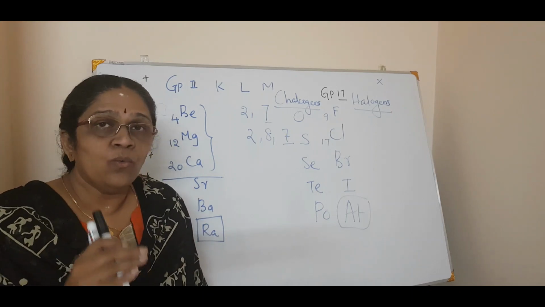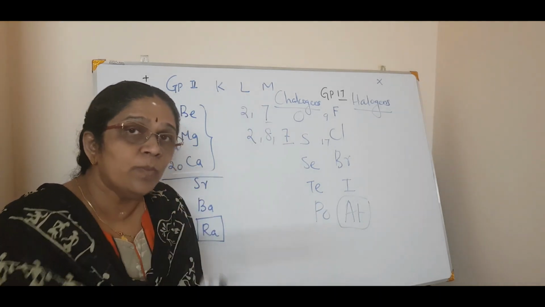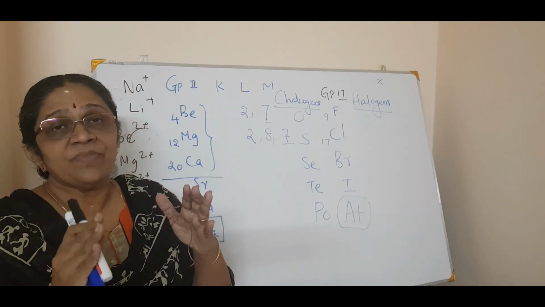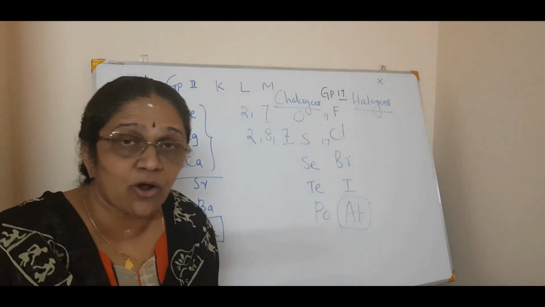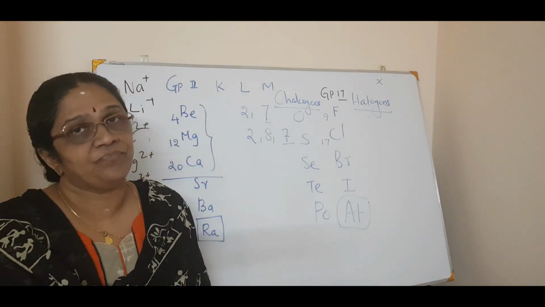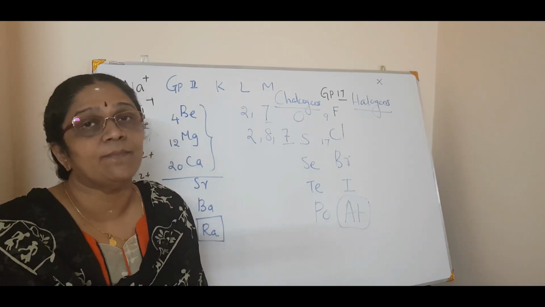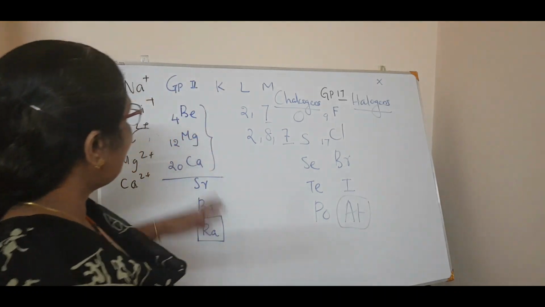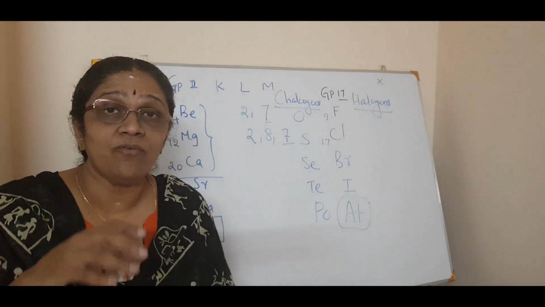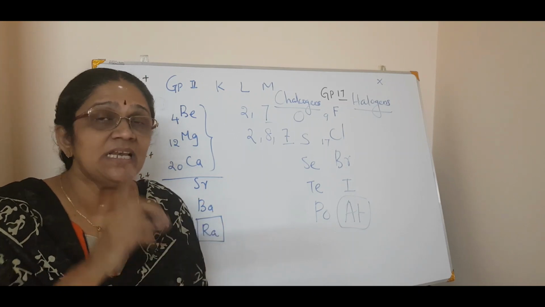Now you know why all these elements are put in one group. That is because of their same valence electrons. The outer electronic configuration is the same. That decides the chemical property, not physical property. Isn't it? Okay. So, homework is to write the electronic configuration of elements from 1 to 20, till calcium.